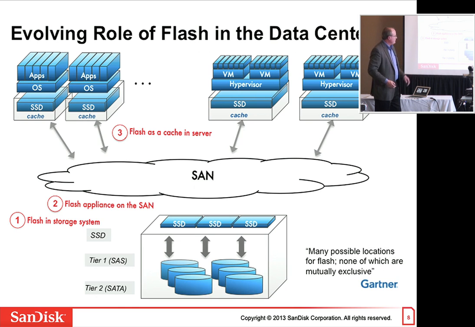And the folks at Gartner tend to agree that flash can be implemented at multiple places in the server storage architecture, not necessarily mutually exclusive. So one of the things for us, and we'll talk about this a little bit in terms of our partnerships, is we don't see flash in the server as being something that excludes the use of flash in other parts of the infrastructure. In fact, we win if it's everywhere. Well, the most important thing is do what's right for your situation.